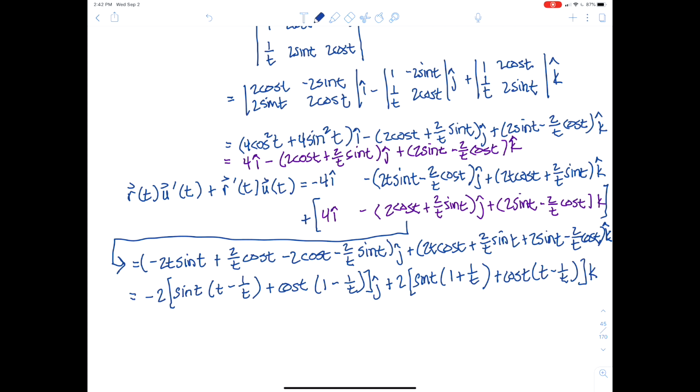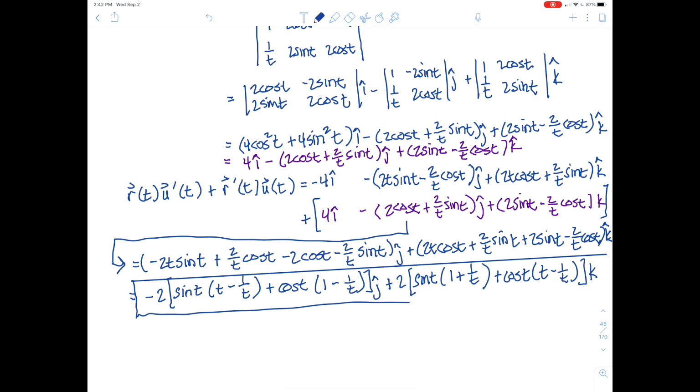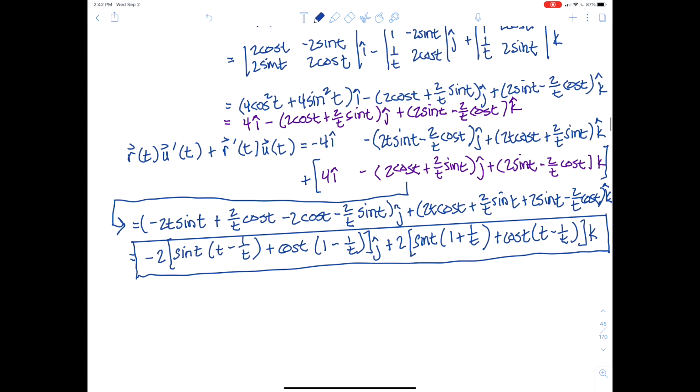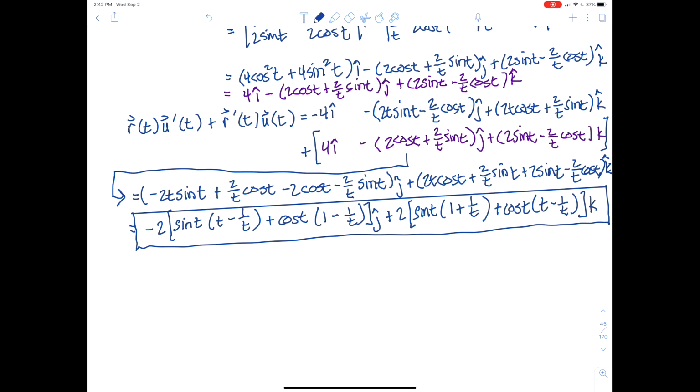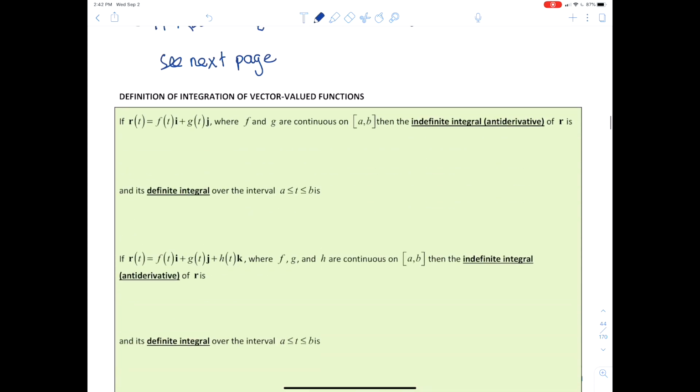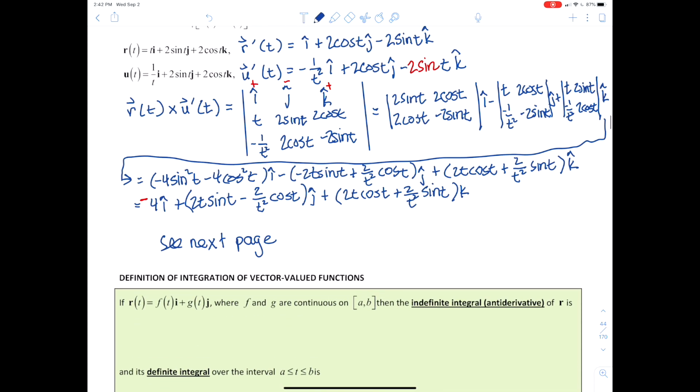You know what? That's good enough. All right. Sorry it was so messy. Honestly, again, I think it would have been better to take the derivative first and then do the cross product to see what you get. I think that would be faster. All right. But anyway, we got to practice our cross products, right?